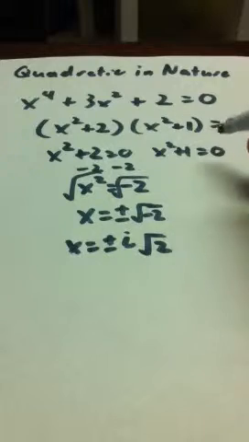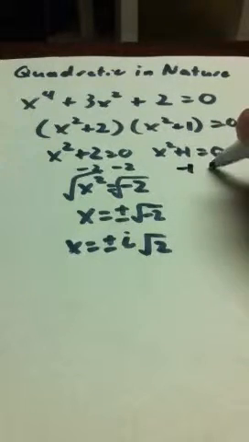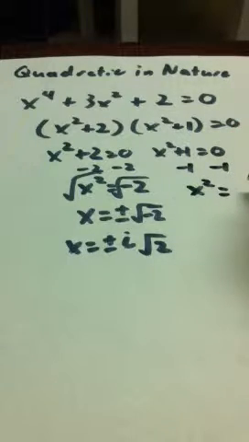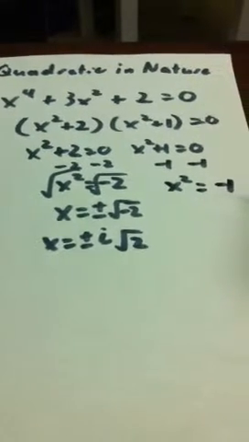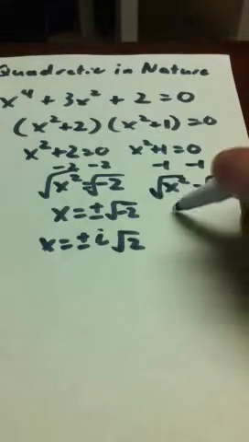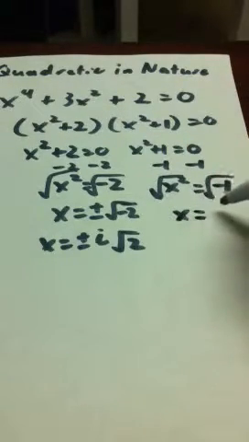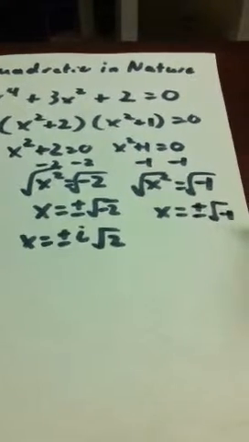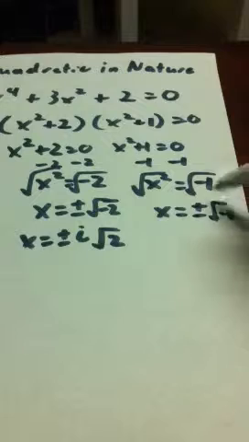I'm going to do the same thing up here with this quadratic, so I'm going to subtract 1, so I get x squared equals negative 1. Again, taking the square root, don't forget that plus or minus, so x equals plus or minus the square root of negative 1. And the square root of negative 1 is i.